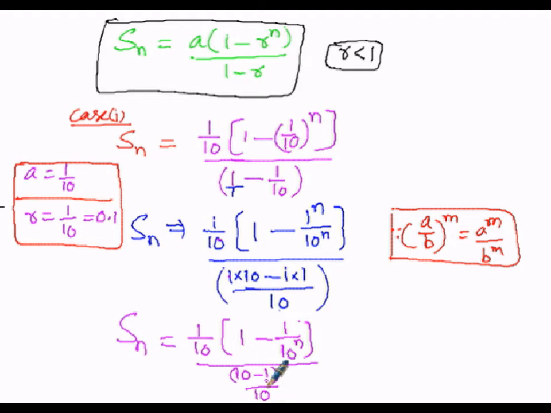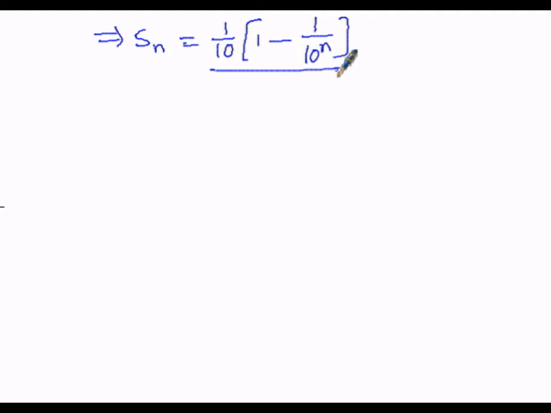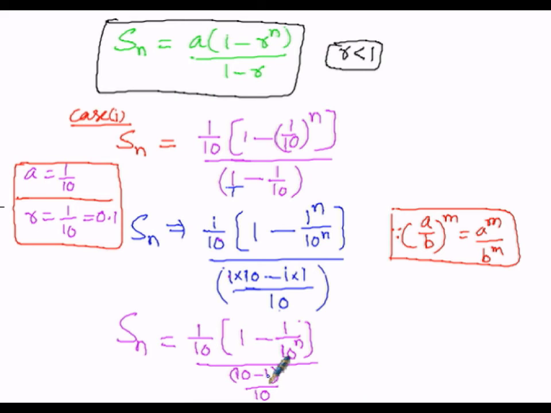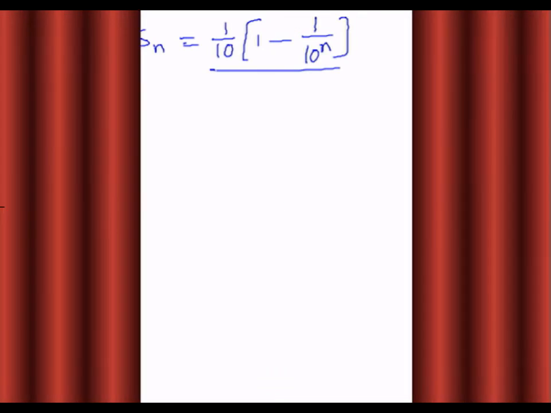So we can write it as S of n is equal to 1 by 10 bracket 1 minus 1 by 10 to the power of n, as per the previous logical step, divided by 10 minus 1 which is 9, divided by 10. So 9 divided by 10.